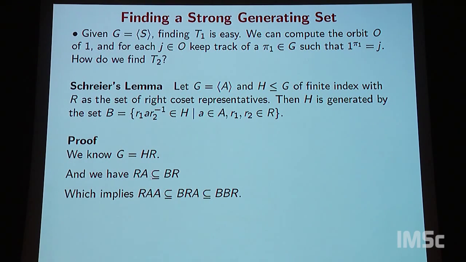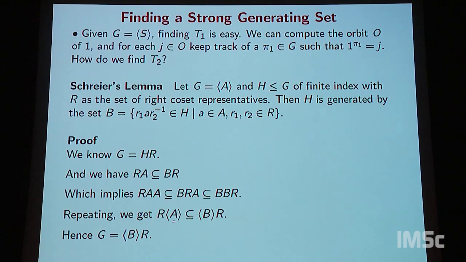And now if I multiply by the generating set of G on the right, I have RAA which is contained in BRA and I know RA is contained in BR. So if I repeat multiplying on the right by A, I have R times the group generated by A is contained in the group generated by B times R. And since this is the whole of G, G is BR. But the group generated by B is sitting inside H. And this is a disjoint union, so you have no choice. B has to be the whole of H. That's a proof.